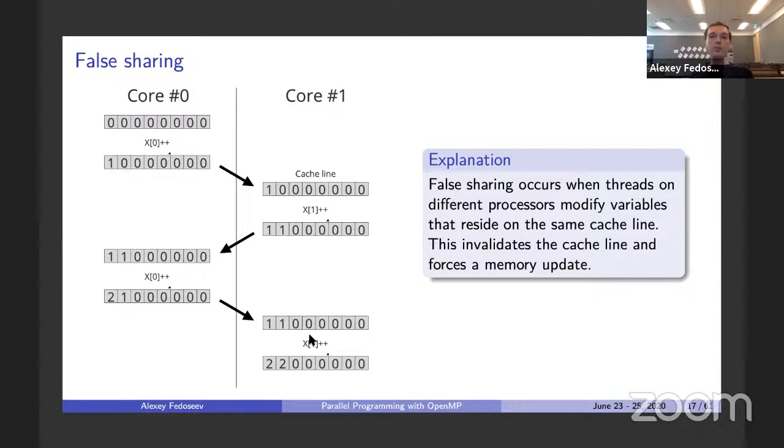So you have to make sure that the elements are far enough apart in the array. Let's say you're updating the first element, the 16th, the 32nd, and so on. They're far enough apart to fit in separate cache lines. Then all the processors are working independently without needing to synchronize through the memory, because processors know that if a value is changed in the proximity of these cache lines, they have to be updated through the memory to make sure that everything is consistent.